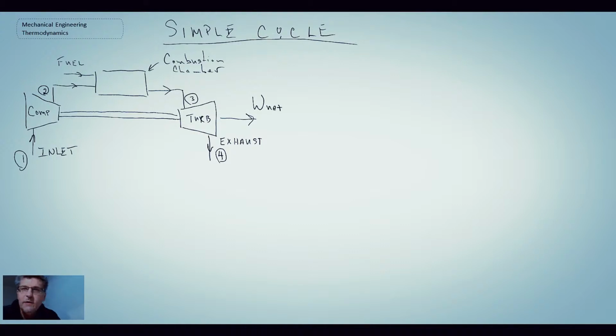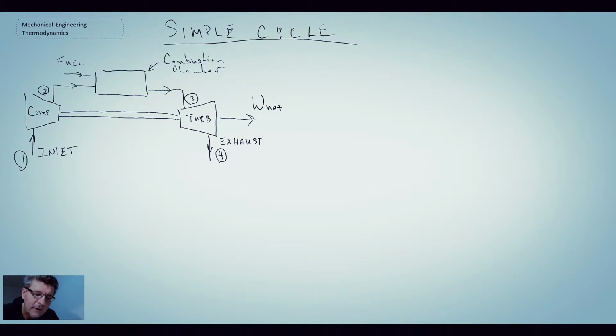And so we could use that for electricity production. You could use it in the case of a turbofan to power the fan itself, or a turboprop. It could be used for powering the turbo propeller. Many different uses that you could have depending upon the particular application. So that is our process schematic.